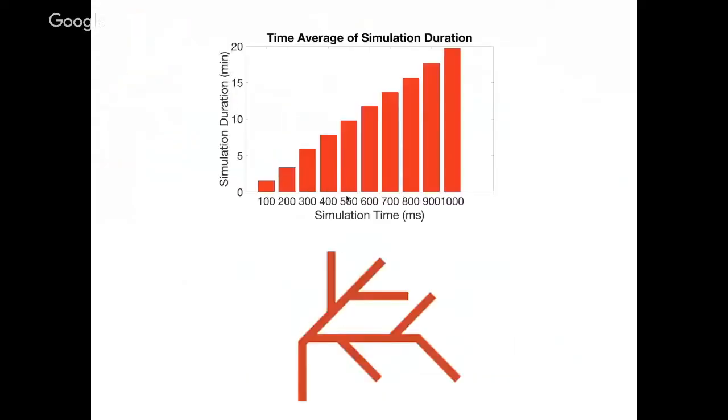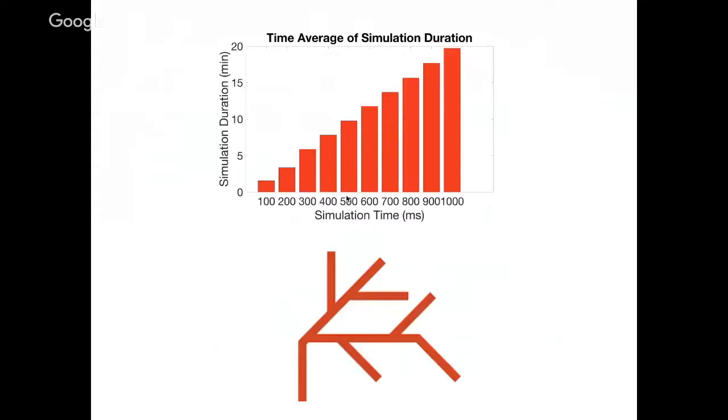But the question is, when we did this one particular simulation, the simulation time took around 1,000 milliseconds. The simulation duration was in itself quite long, because you see here it is 20 minutes. This is really a short time for simulation.